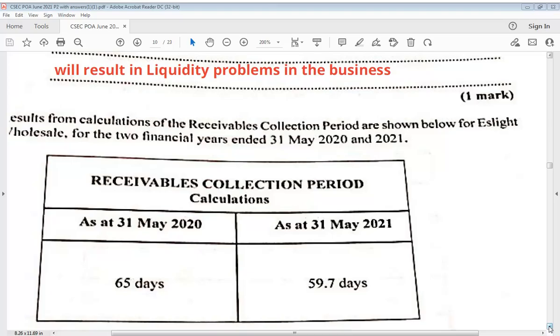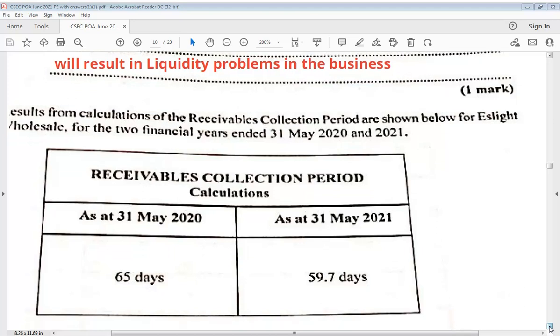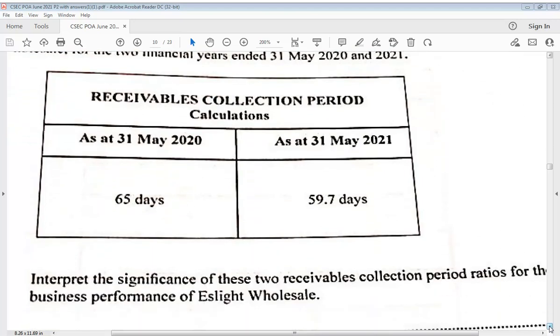As at 31st of May 2021, 59.7 days. So what do they ask us? They say interpret the significance of these two receivables collection period ratios for the business performance of S-Lite Wholesale. And this is just one mark.